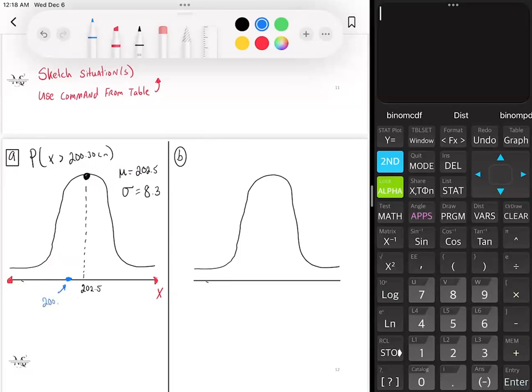So it's located to the left of the mean. Now, if you look at my symbol for my inequality, let me just rewrite it. It involves the greater than symbol. So this means that I have a right case. Right? Greater than would imply right case. So I'm shading this right region.